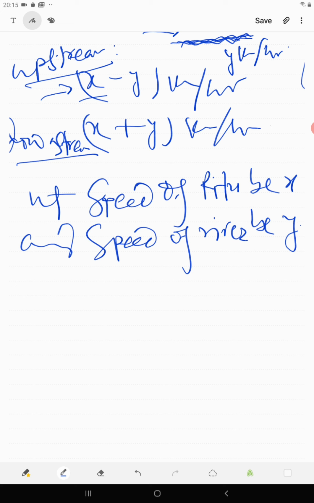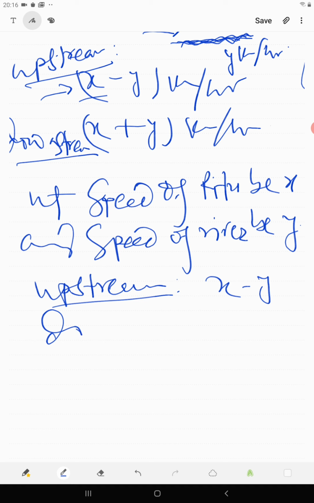So upstream, what will be the relative speed? Upstream it is x minus y. The speed of Ritu while rowing upstream equals x minus y kilometer per hour, and the speed of Ritu while rowing downstream will be x plus y kilometer per hour.